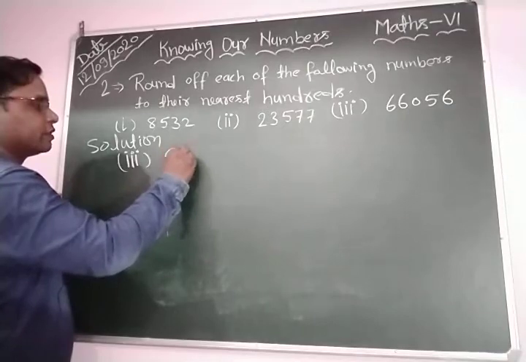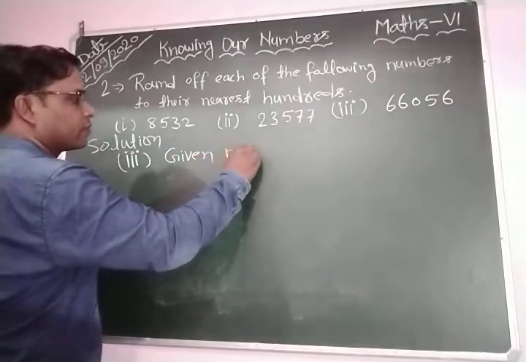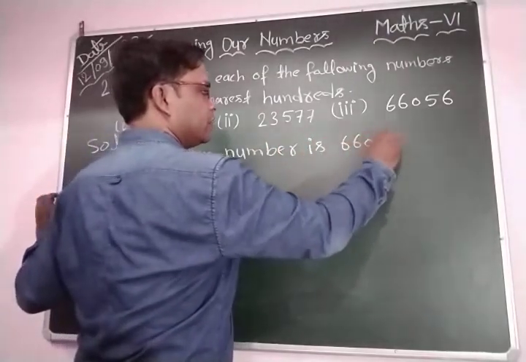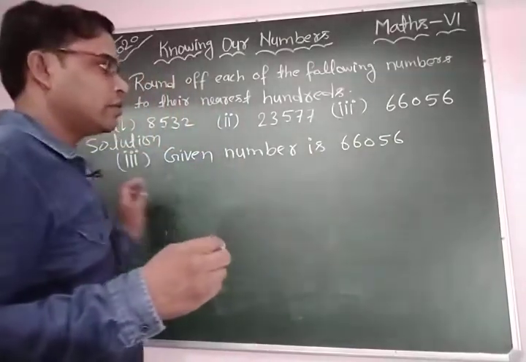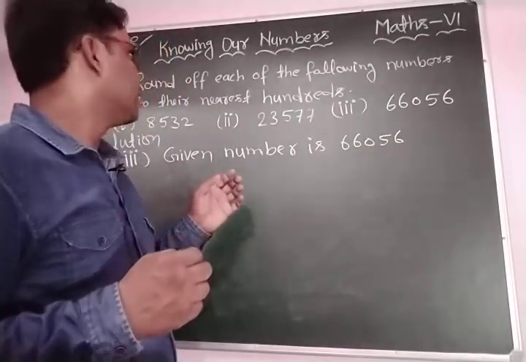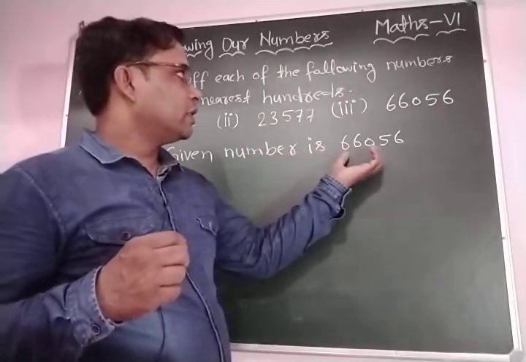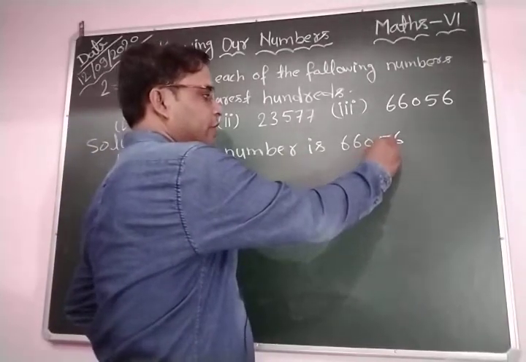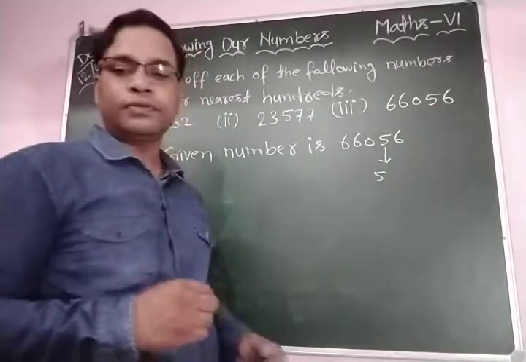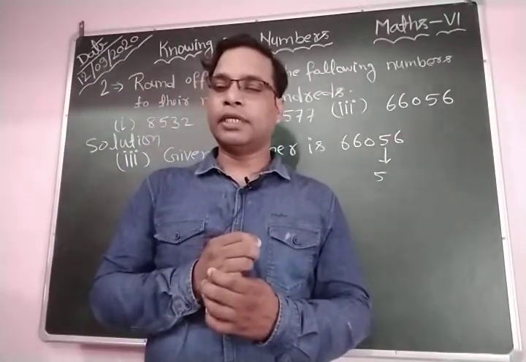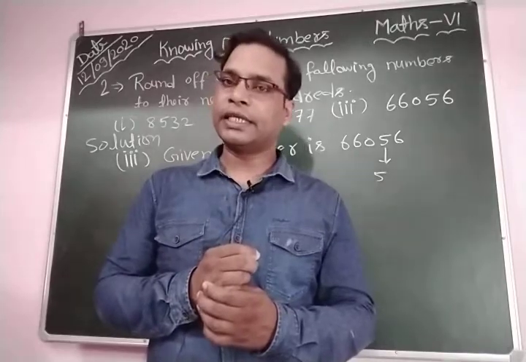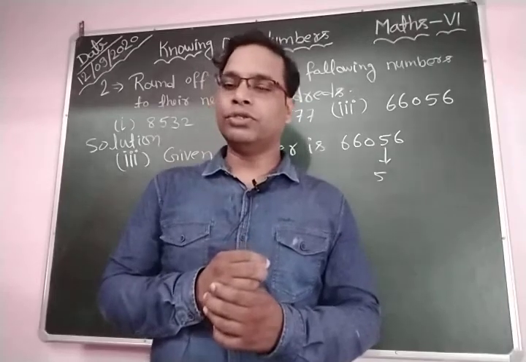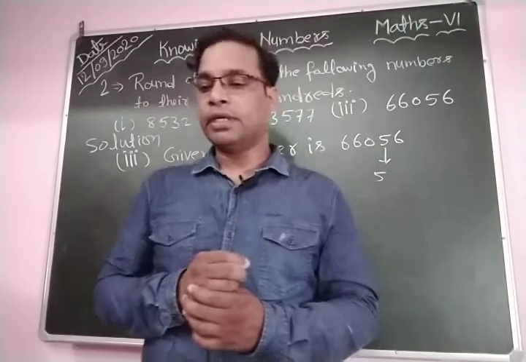So let's see. The given number is 66,056. We need to find the round off of this number to the nearest 100. For the nearest 100 we check the tens place digit. Here you can see the tens place digit is 5. According to the rules, if the digit at the tens place is less than 5, we replace each of the digits at the tens place and ones place by 0, and keep all other digits as they are.